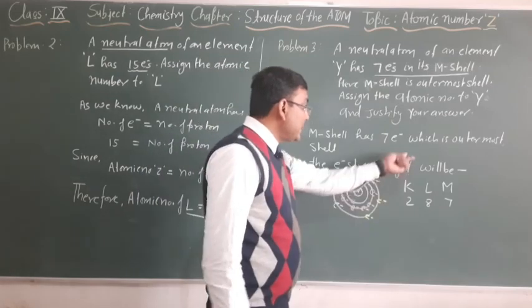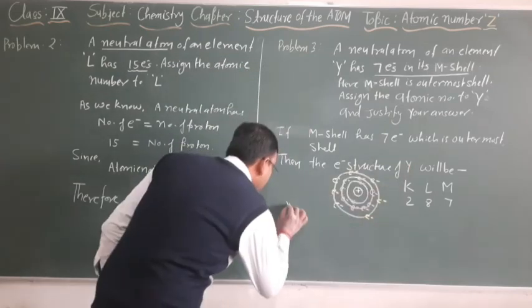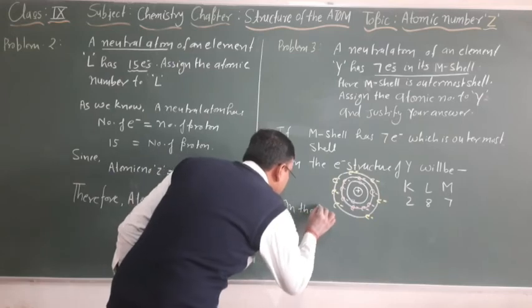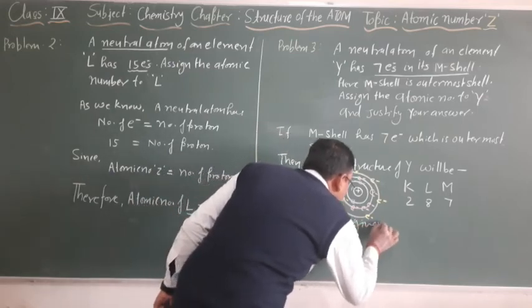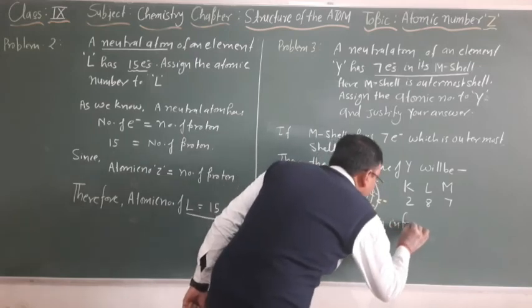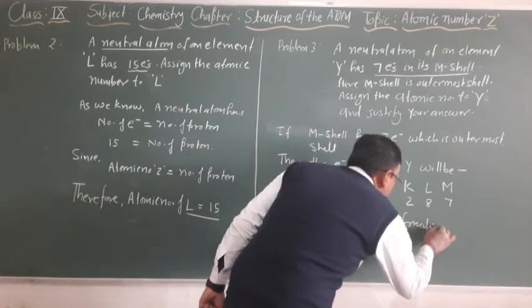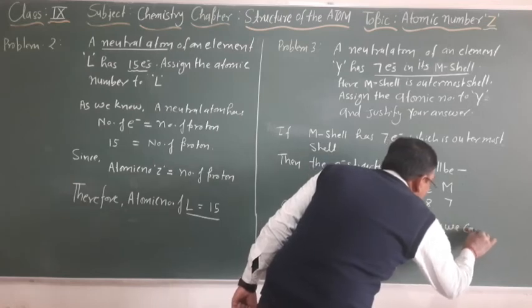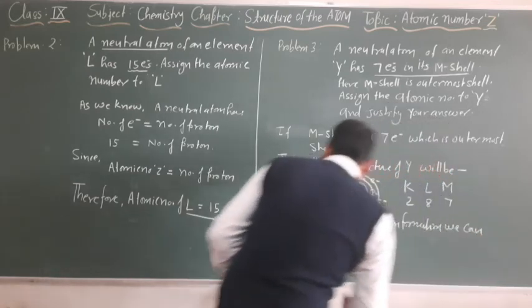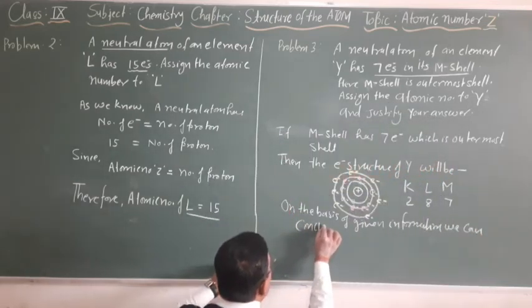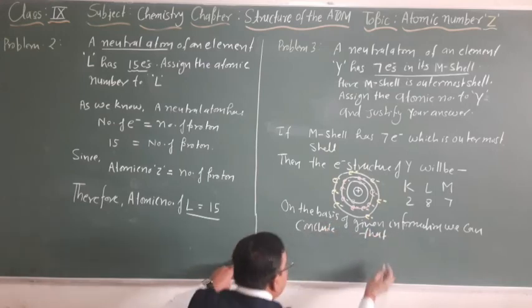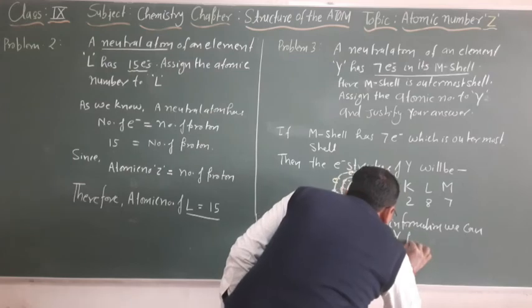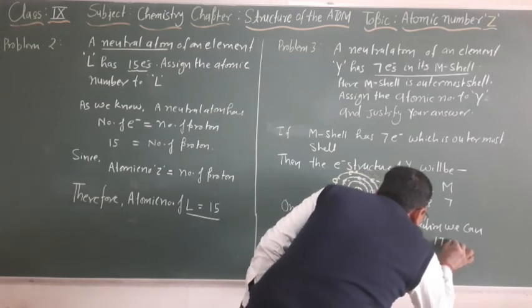On the basis of the given information, we can conclude that Y has 17 electrons.